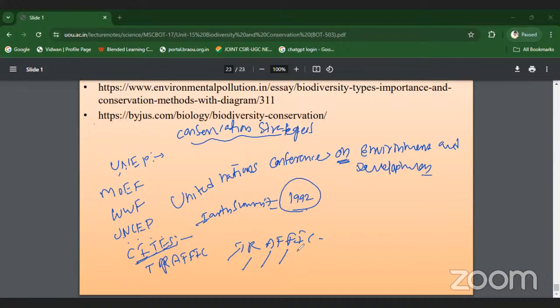For example, in Gamopetalae, all have similar characters: petals fused, epipetalous condition. I already explained this clearly with comparisons in the previous classes, so go back and watch them once again. I explained it with differences from one family to another within the order. That is important, and that is the way of studying to get marks.